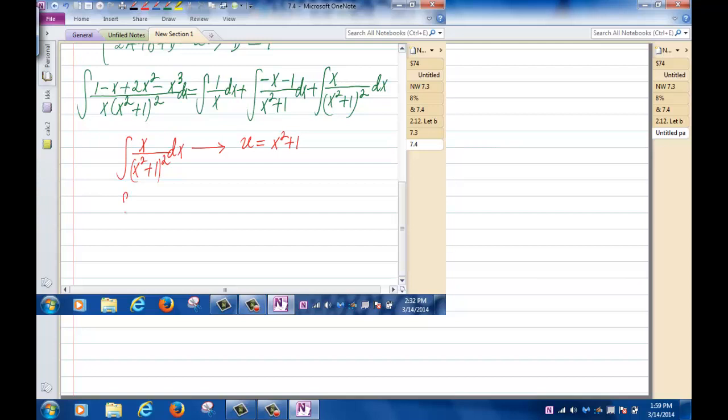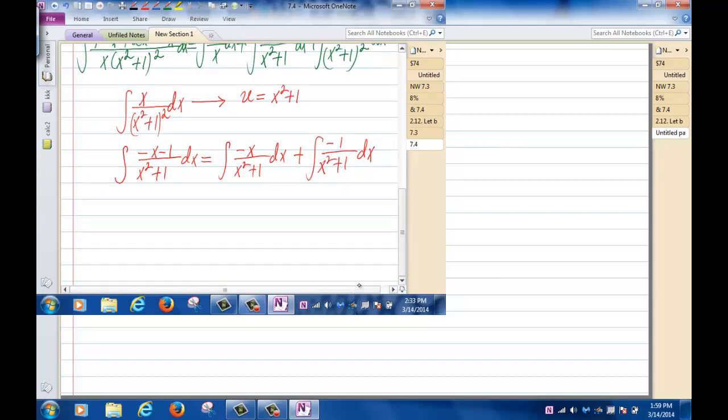And then how about the middle one? The middle one is a bit more work. You have to rewrite this as -x over (x squared plus 1) and then -1 over (x squared plus 1) dx.